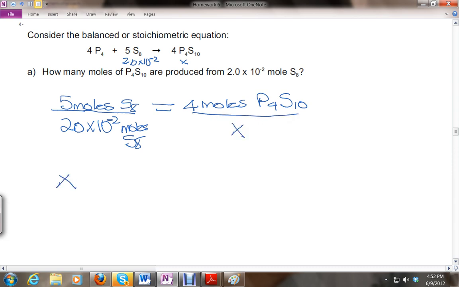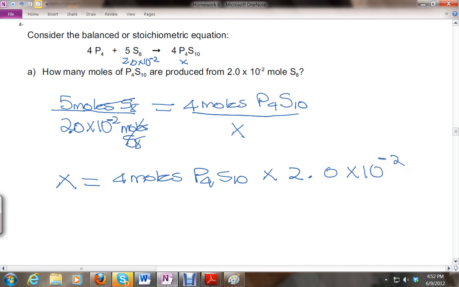So X, moles and moles cancel out, and X is gonna be 4 moles of P4S10 multiplied by 2.0 by 10 to the minus 2, divided by 5. No units because I already canceled them out. That's why I had all these prepared, so it would be faster.